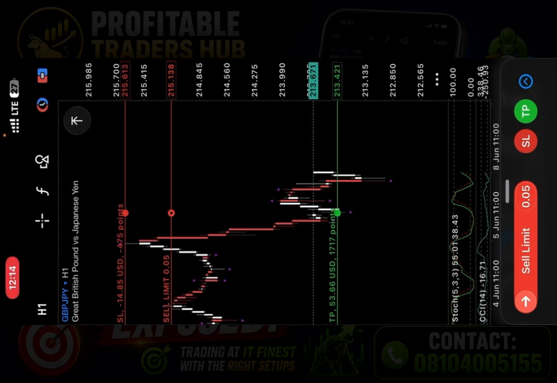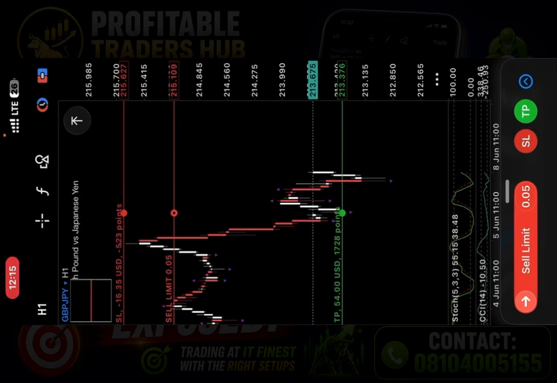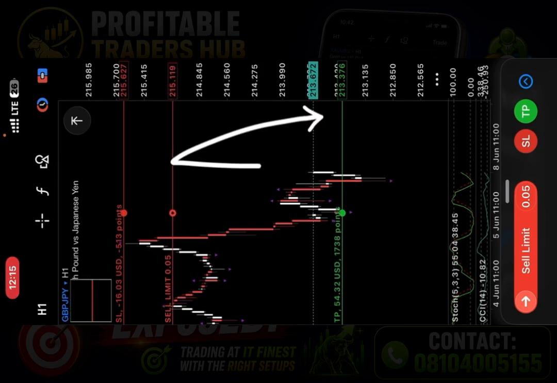So all these things you are setting now, sell limit, SL, TP, buy limit, SL, TP, are all called market orders. You are giving the market an order because you don't want to be monitoring. You have experience on this. You know that price will definitely drop down when it gets to this level, and you're setting the limit saying, price, when you get to this sell limit, do not buy, sell.